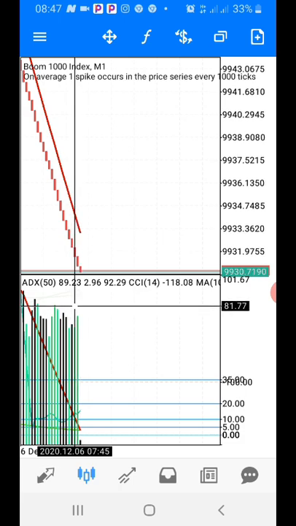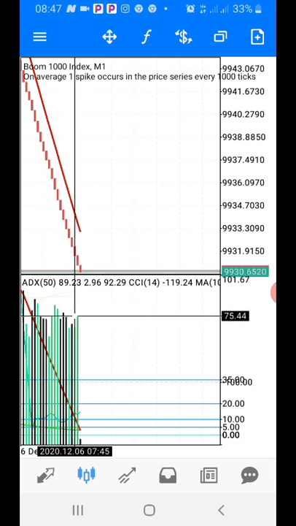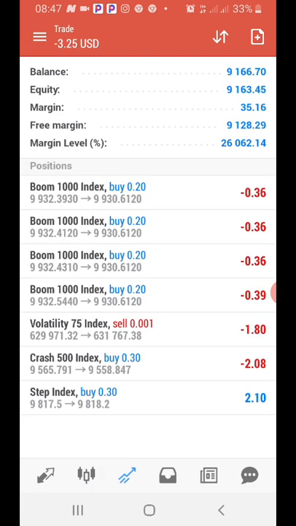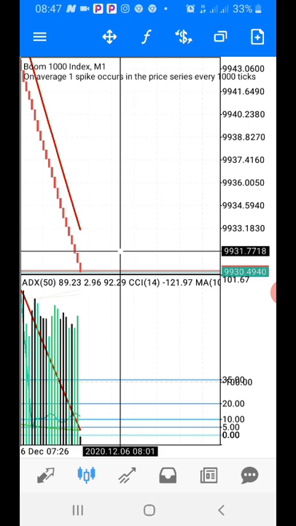You truly need patience, so you don't run out of the market because you see a loss. You can't run out of this market because of this loss. So let's wait for the spike.